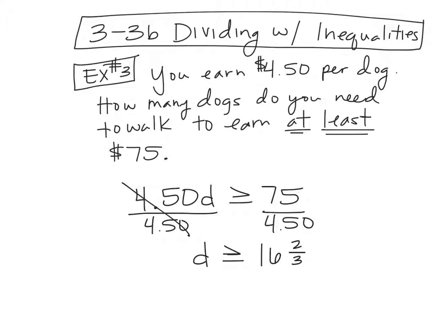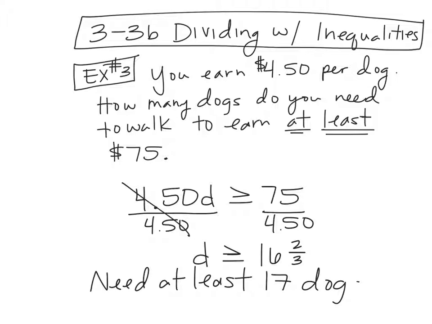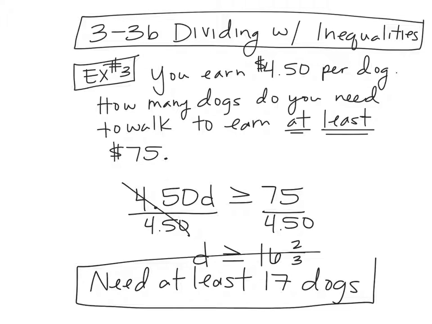We're not going to walk a part of a dog, right? So you need at least 17 dogs to make $75. Hopefully you're not walking all 17 at the same time. That would be bad.